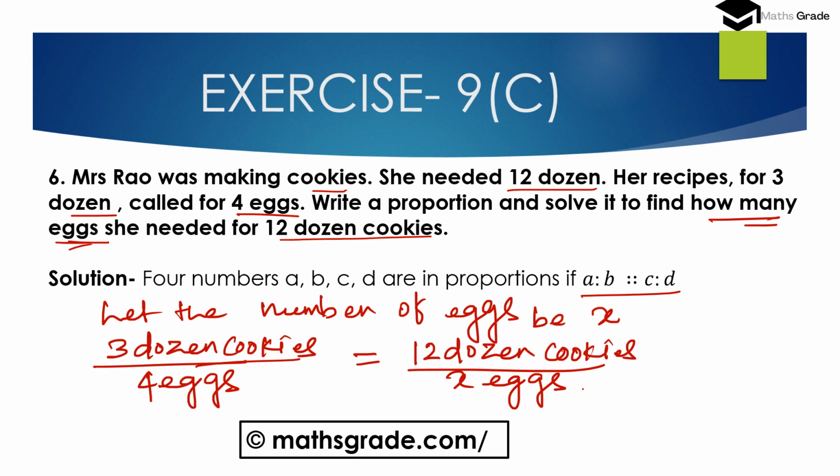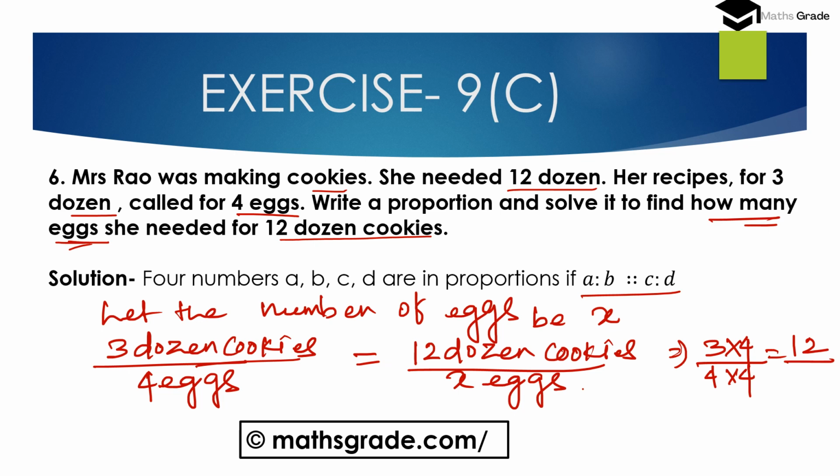Now we have to convert this 3 divided by 4 into an equivalent ratio that has the antecedent 12. And we know 3 multiplied by 4 is 12.